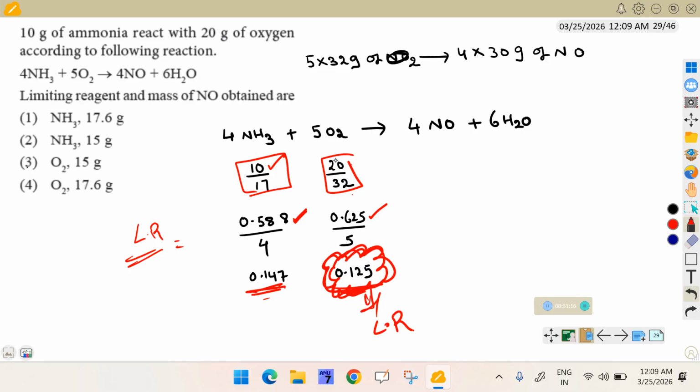When can we use the limiting reagent concept? In a chemical reaction, if more than one reactant is present, then the formation of product depends upon the limiting reagent.